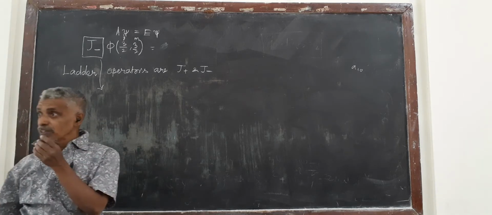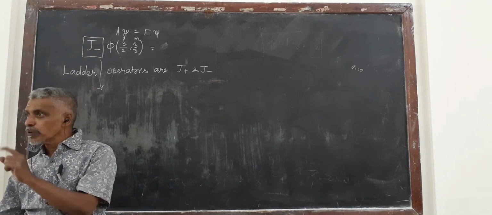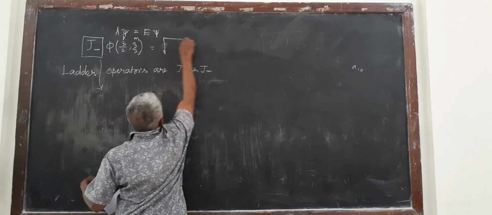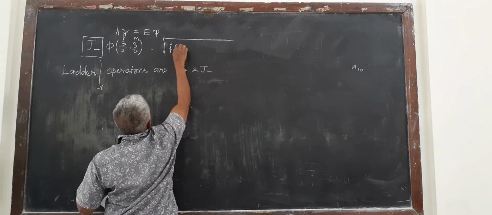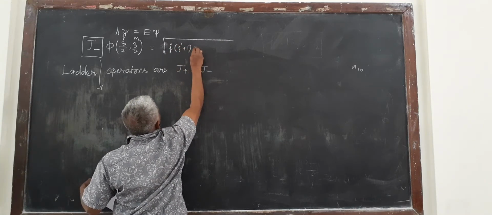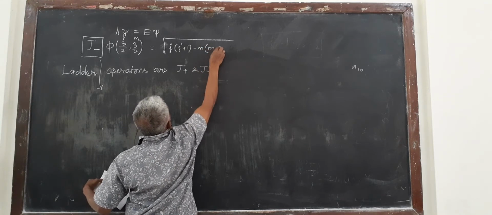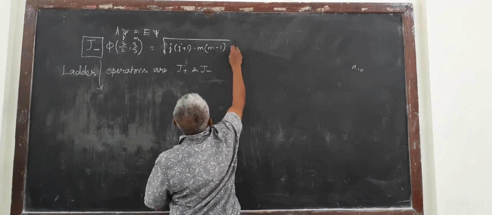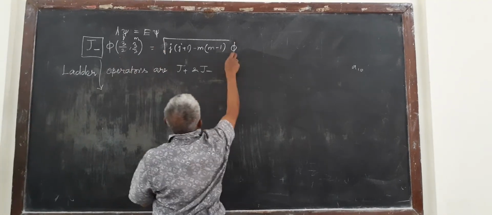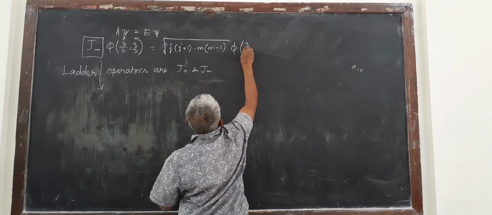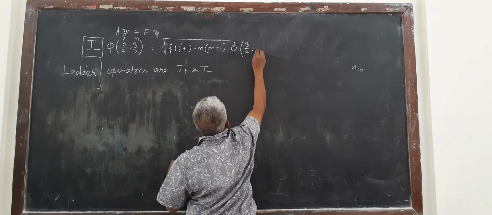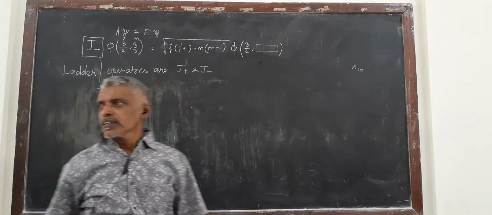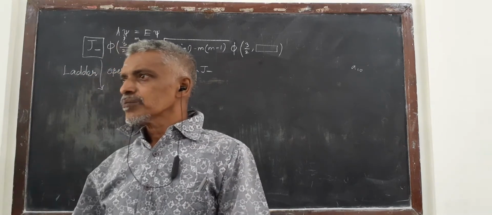And let us see that. Now this is equal to square root of j into j plus 1, minus m into m minus 1. Okay. This pi of 3 by 2. What has to be written here? What is that?